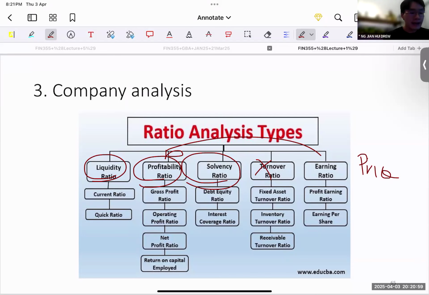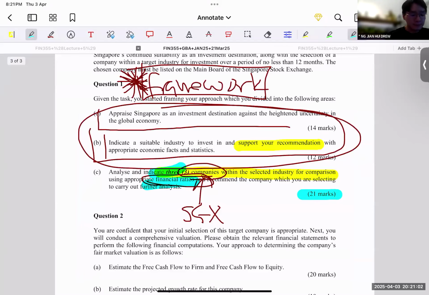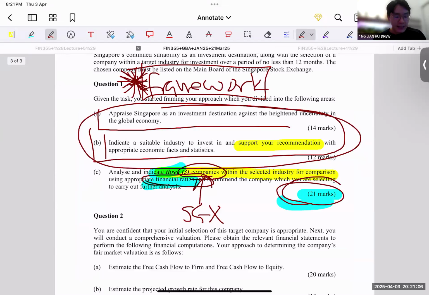Now, on this point, I also want to highlight something. Because it's 21 marks, we need to have enough explanation of the ratios. When you receive your script back, you might notice some comments to the effect that you cannot just mention this ratio increase means profitability increase, this ratio decrease means there's less debt.